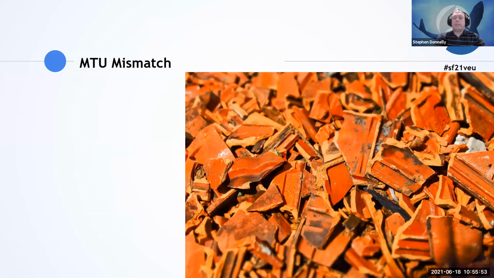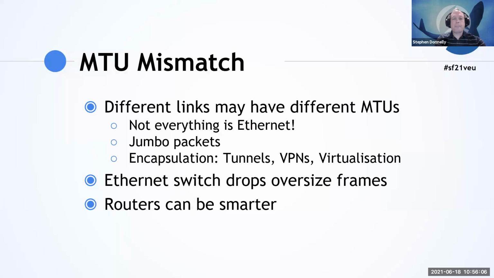Another place where packet sizes become quite critical is when things start breaking. So MTU mismatches, that's what happens when we have disagreement about what size packets we're going to accept. So what's an MTU? The MTU is the maximum transmission unit. And every link will have an MTU defined, at least in IP networks, and that's the maximum size packet that will be accepted for reception on a link.